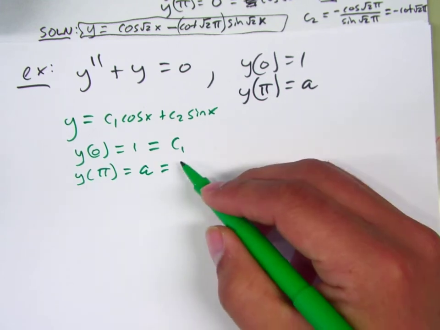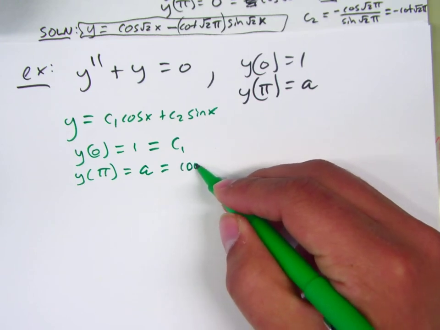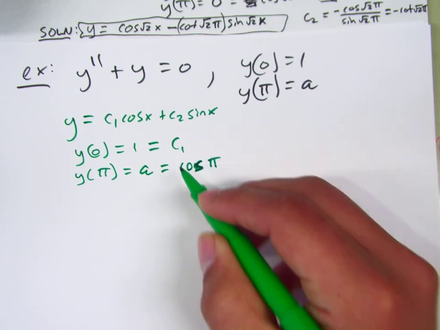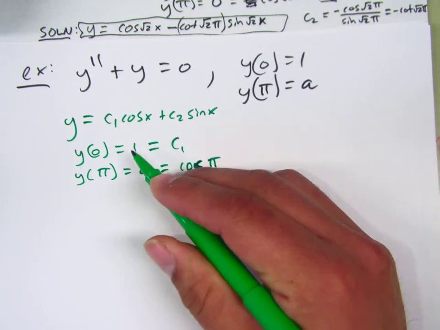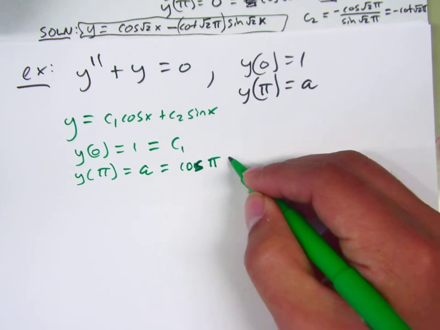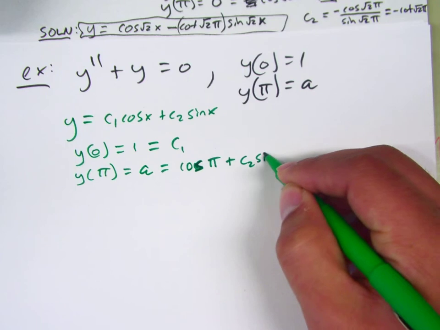So if I do that, I get cosine of pi. I know the C1 is still part of it, but since I've already figured out C1 is 1, I'm just leaving it like that, okay? Plus C2 sine of pi.